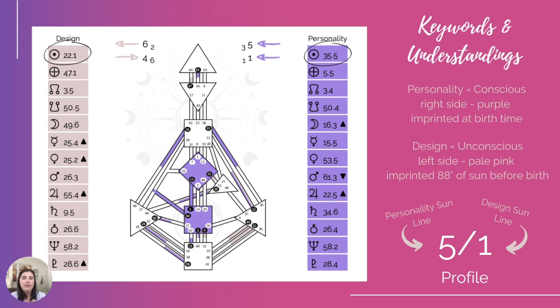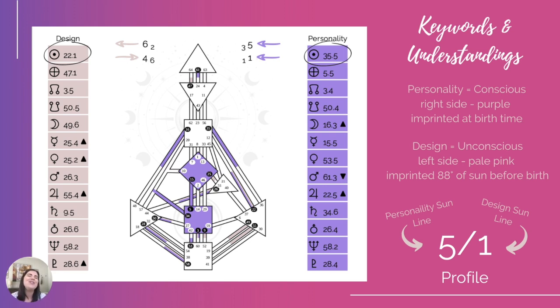Now, let's say that we had a personality sun like 26.4 and a design sun like 45.2. Hang on. I want to use ones that actually show up and not just throw random things out there.